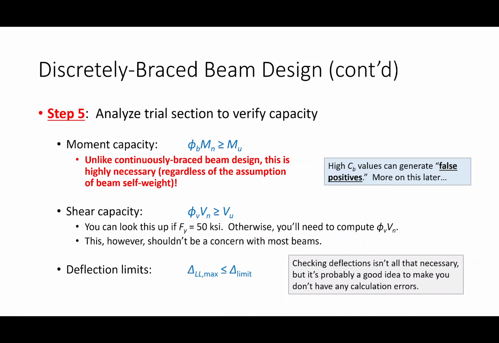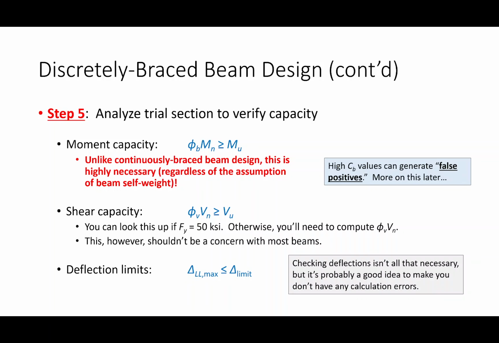Now, I do want to say one note on moment capacity here. Okay, so let's go back to continuously braced beam design because I want to have a thought experiment. Okay, let's assume you're designing a beam, and let's say it's a continuously braced beam.